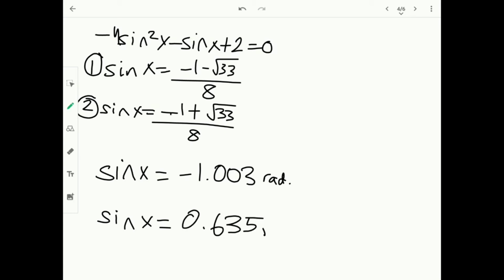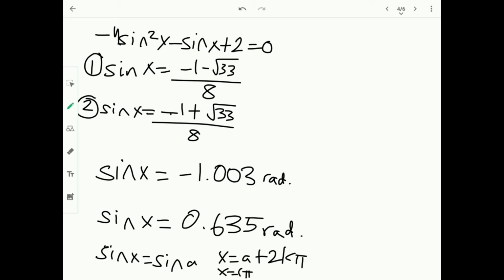Let's keep it to 3 decimal places, that would be nice. Now we should know that if sine x equals sine a, then x is equal to a plus 2k pi, or x is equal to pi minus a plus 2k pi, right?